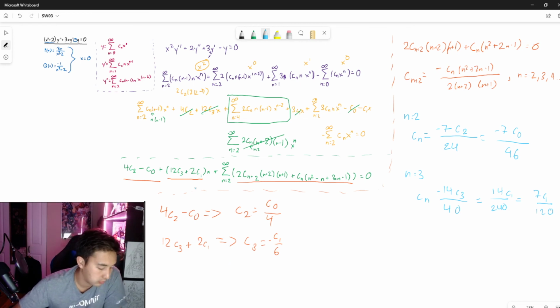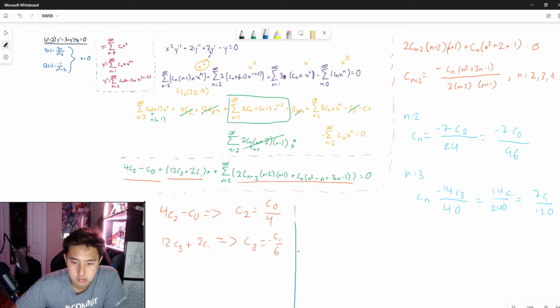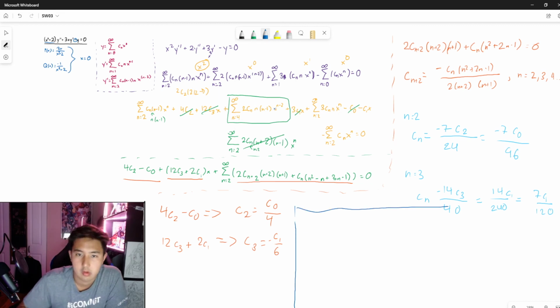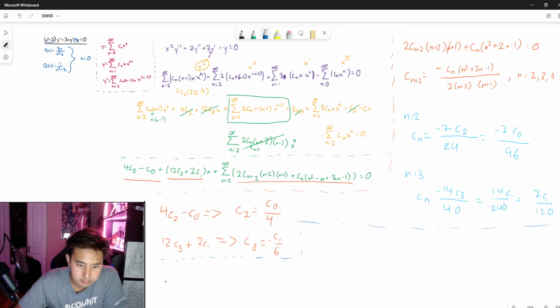Now, our final solution, we get that by combining all the terms we have with constants. So our final solution, we plug all this into the power series.